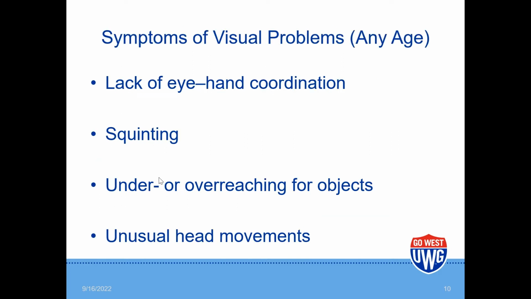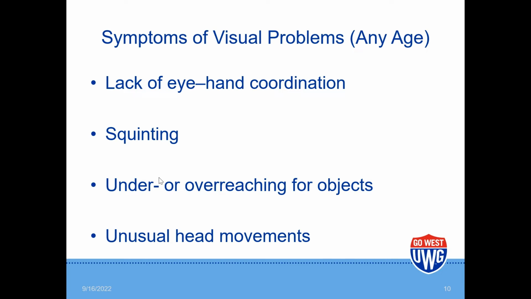So there are symptoms of visual problems that you can look for when you're working with students or older adults or anyone. This is across any age. Part of this could be a lack of hand-eye coordination. There are other things in younger kids that could be signified by hand-eye coordination, but vision problems can definitely be one of them, especially when it comes to using striking implements.